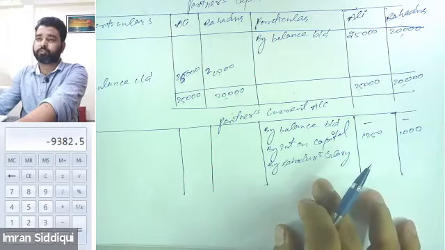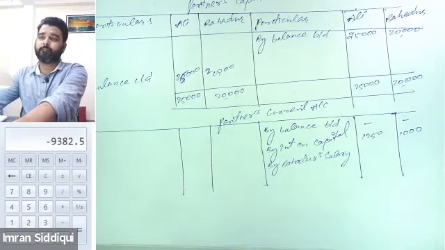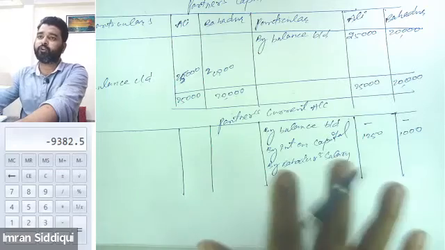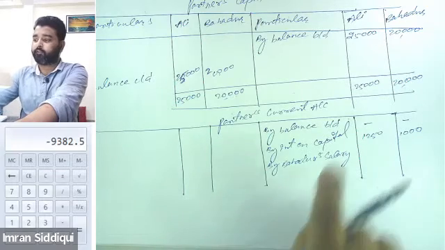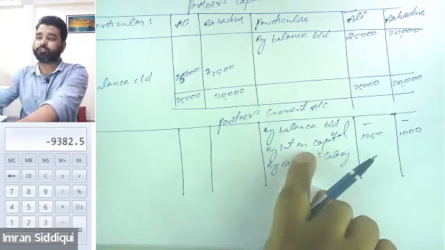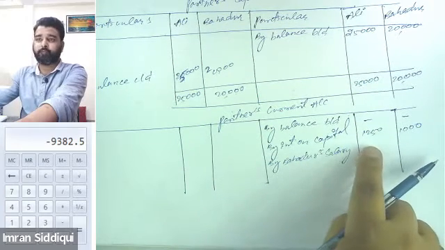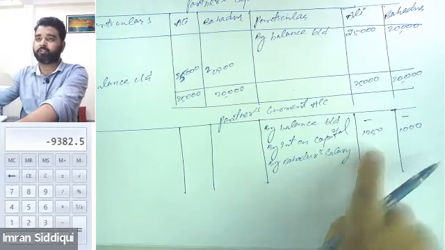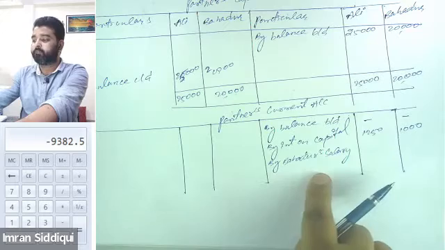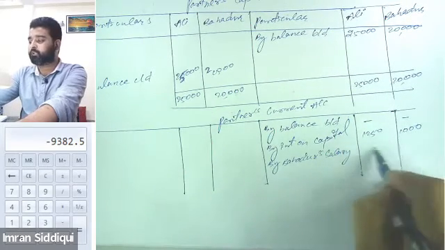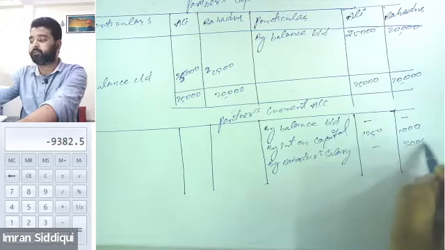All those transactions which increase the current account balance of the partner will be recorded on the credit side. When we pay interest on the capital of the partner, it will simply increase the current account balance of the partner. When we pay Bahadur's salary, it will definitely increase Bahadur's balance by 3,000.